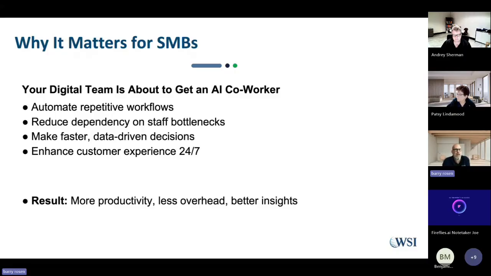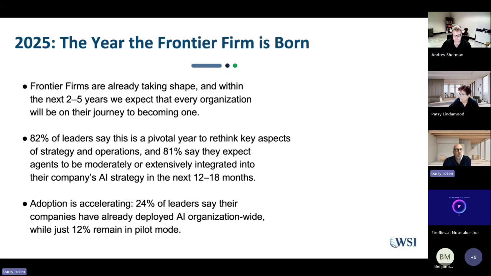Well, you're going to have an AI agent that's going to be able to do that for you for those repetitive tasks. So you will have a team of agents, and this will be something that will be able to happen 24/7. What Microsoft is calling this is the frontier firm, and we're already seeing this taking shape.